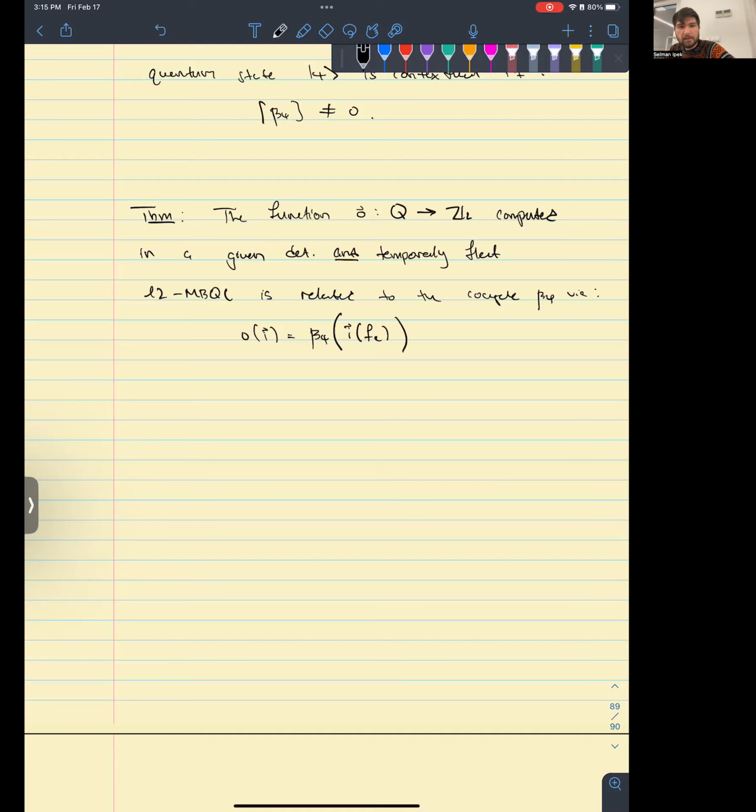So I think this formula is not particularly enlightening, so I will explain it in a second.